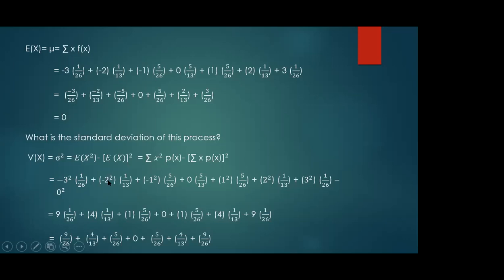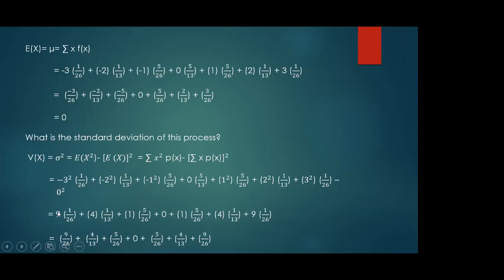So we have negative 2 squared times 1 divided by 13 plus negative 1 squared times 5 divided by 26. We know that anything times 0 is going to give us 0. 1 squared times 5 divided by 26 plus 2 squared times 1 divided by 13 plus 3 squared times 1 divided by 26. As I said before, our expected value, our mean is 0, so we don't need to calculate it.